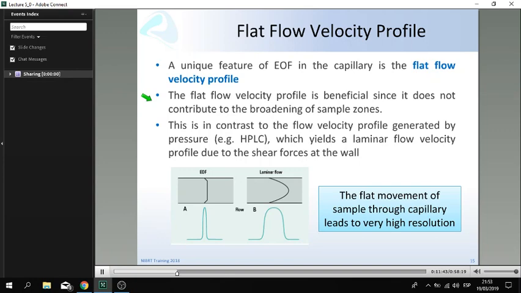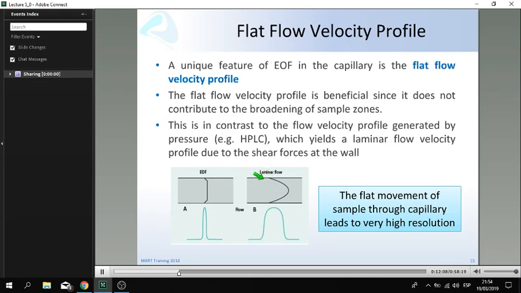A unique feature of EOF in the capillary is that it gives us a flat flow velocity profile. If you are using something like HPLC, which we're going to talk about at the end of this semester, basically liquid chromatography, you have a pump that is moving liquid through a small column.